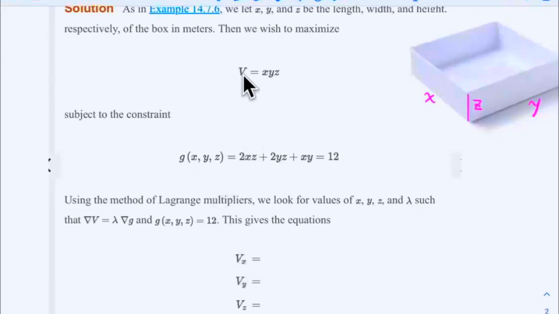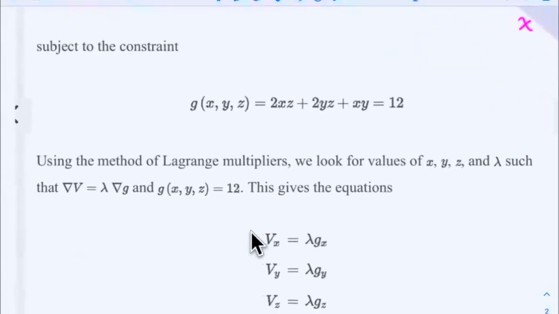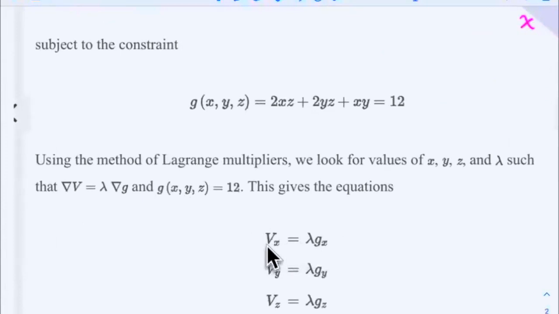The partial derivative of V with respect to x should be lambda times the partial derivative of g with respect to x, and so on. They are scalar multiples of each other, so each is lambda times the corresponding partial derivative.